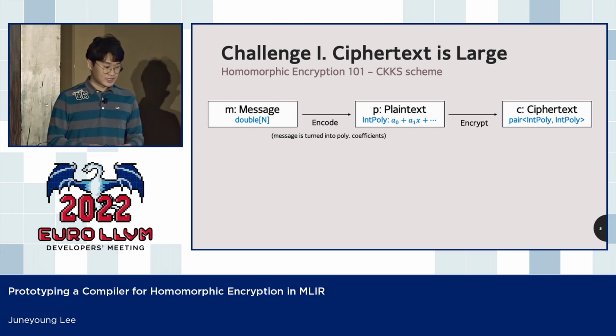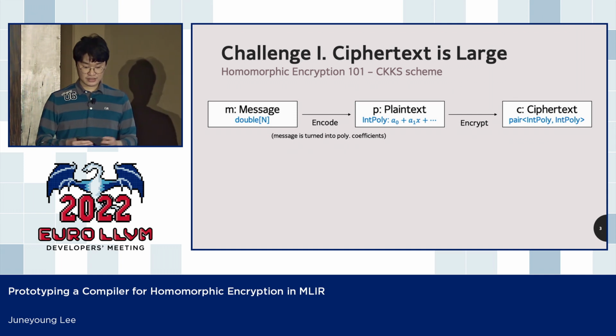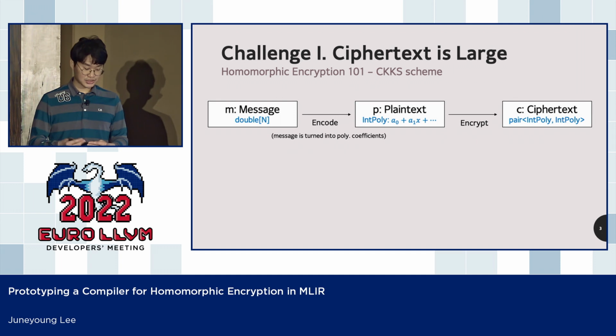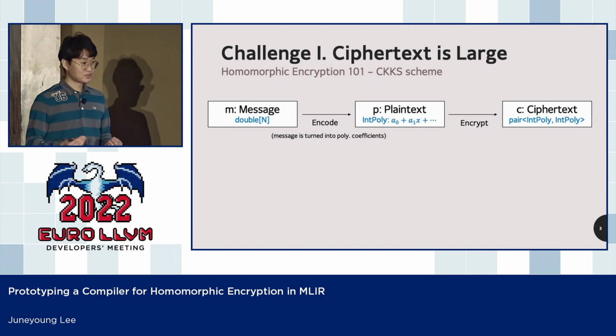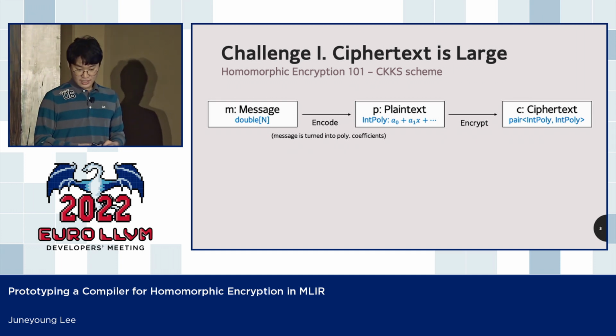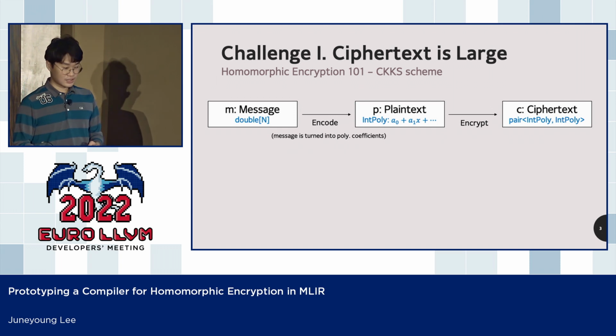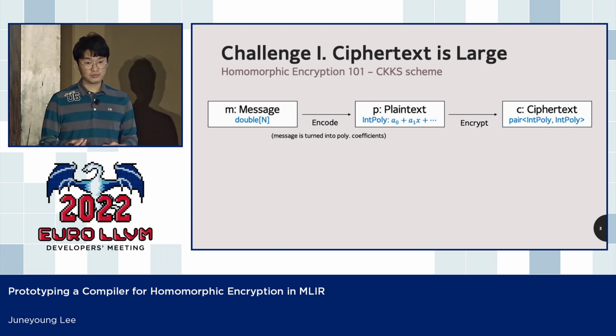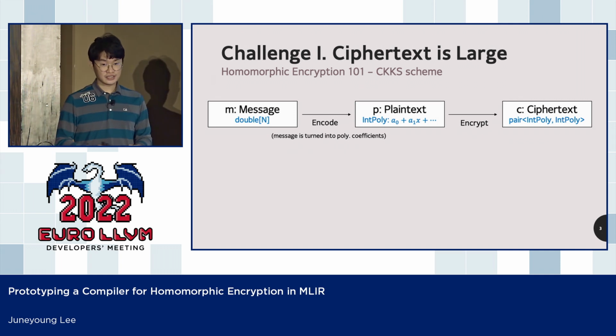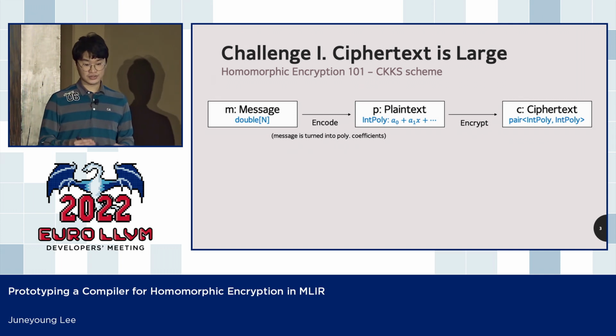Before everything is encrypted, the plain text, or we say the message, is just a simple array of doubles. After encoding, it is first transformed into a polynomial, which consists of integer coefficients. Here, it is the integer coefficients that contain the data.